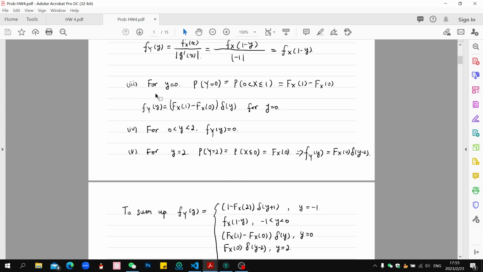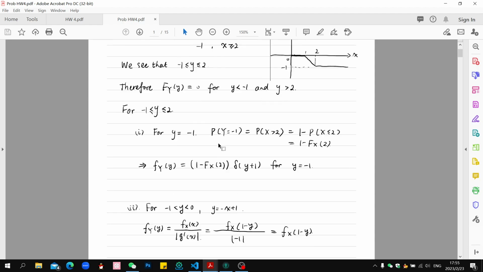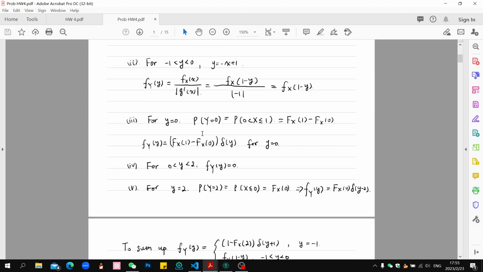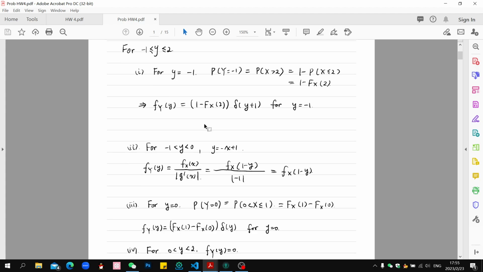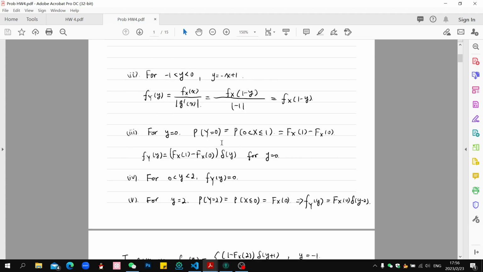For y is 0, that is this part. We can find it in a similar way to y equals minus 1 here. That is the probability of x between 0 and 1, that is Fx(1) minus Fx(0).